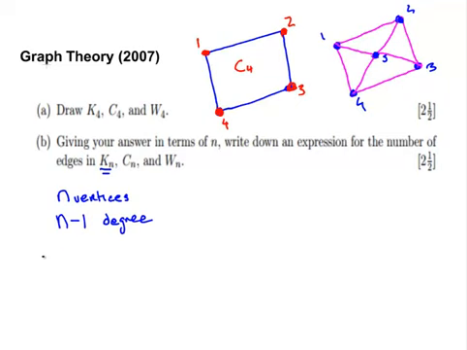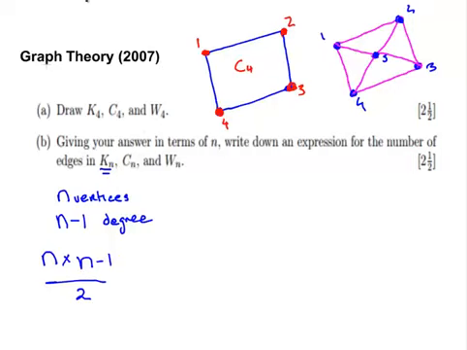Multiplying them out and dividing by 2, n times n minus 1 over 2 is the expression for the number of edges. Just remember, edges get counted twice when you're talking about the degree sequence: once from the point of view of one vertex and once from the other. That's why you have to divide by 2.